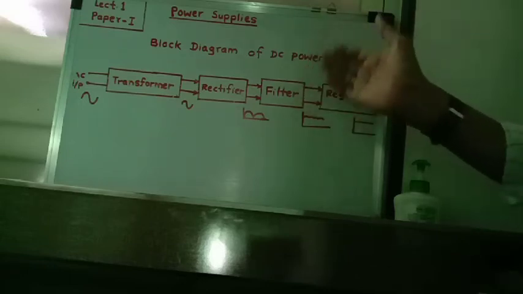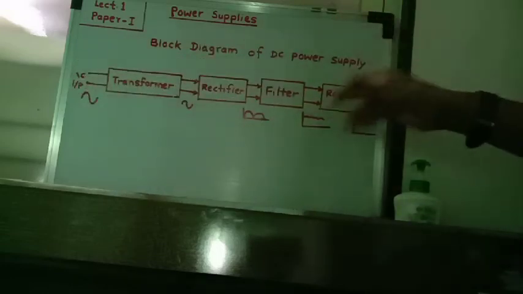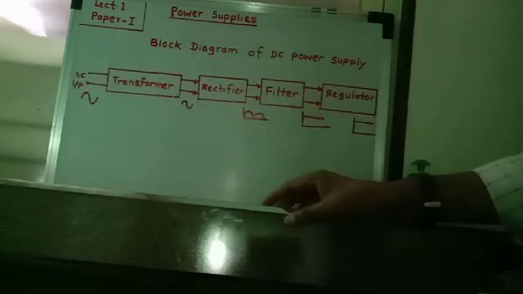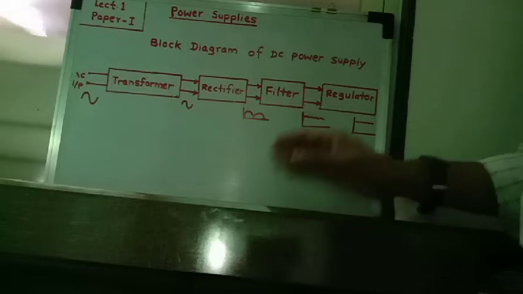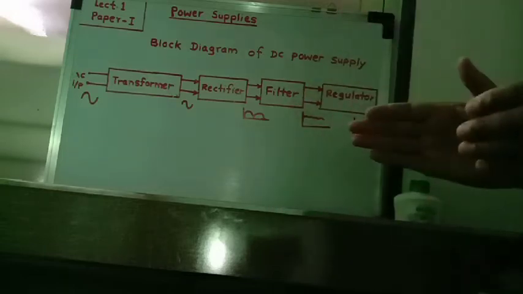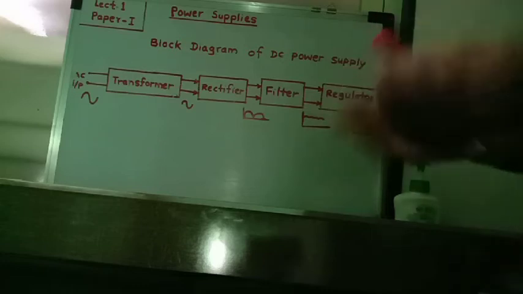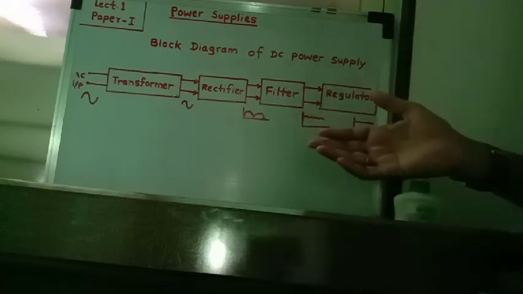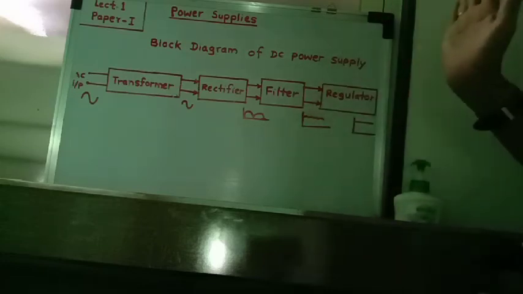When AC input changes, there is a change in output voltage. But many electronic circuits require a DC output voltage which should remain constant, that is, which does not change, even if the AC input voltage fluctuates or the load current changes.